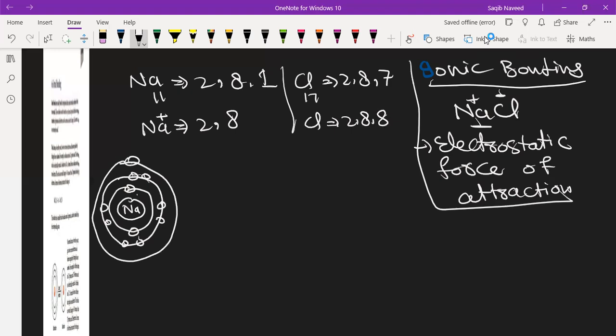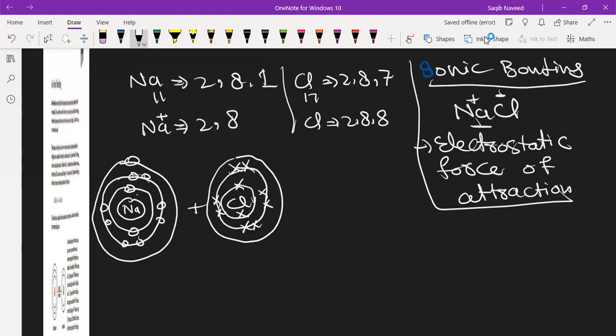Plus we have chlorine: 2 in the first shell, 8 in the second shell, and 7 in the last shell.